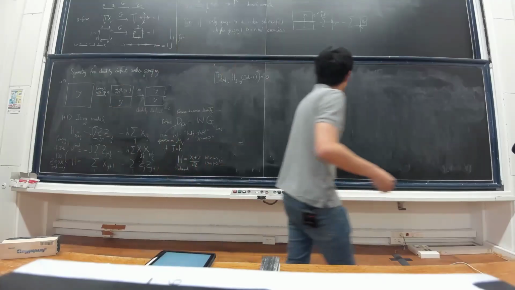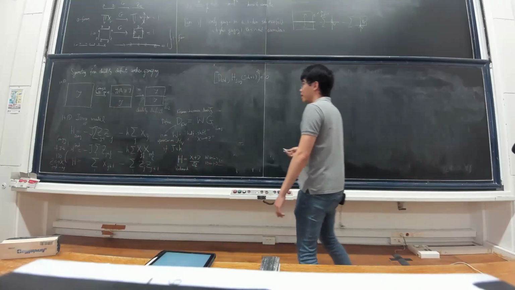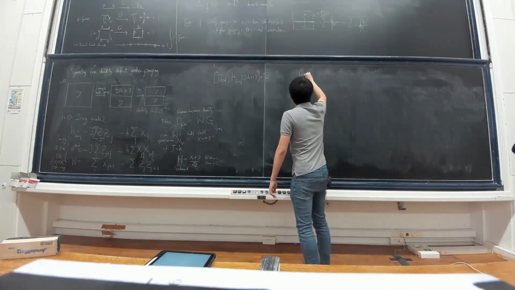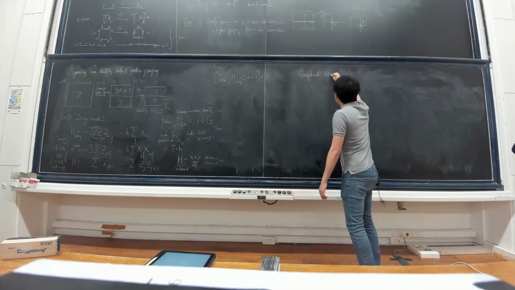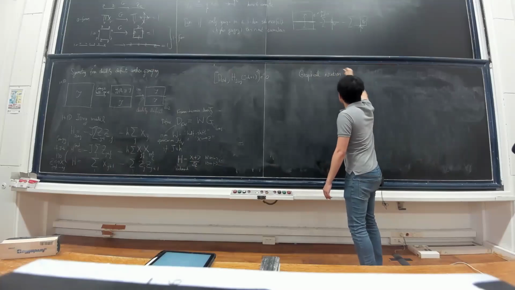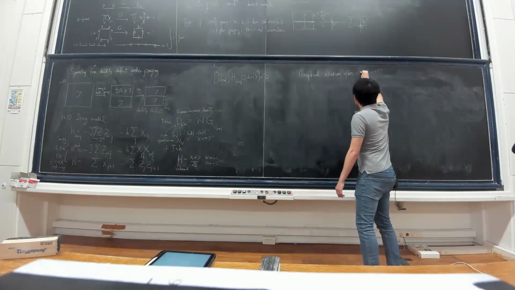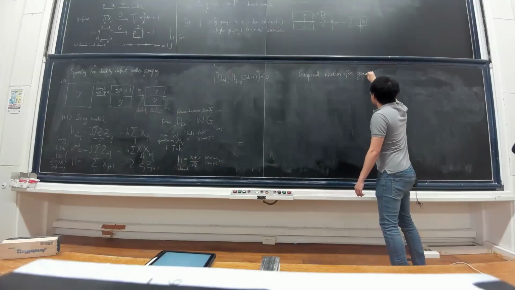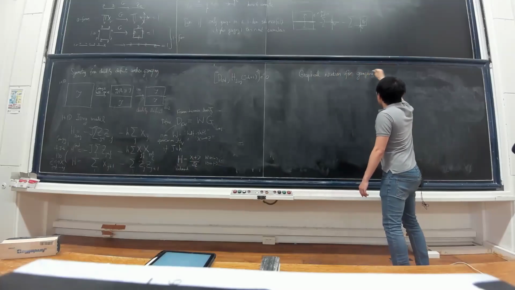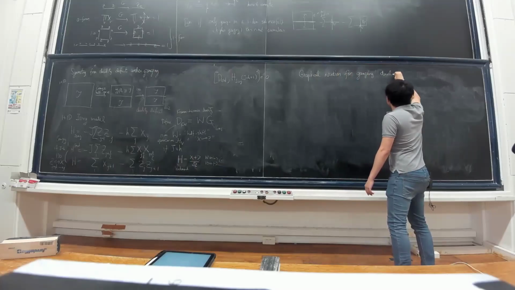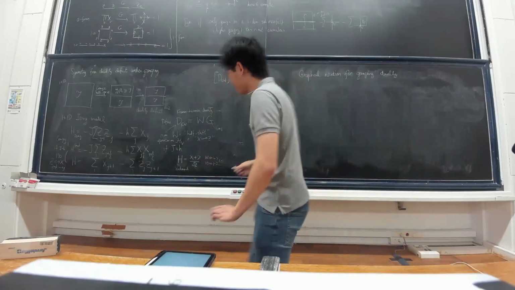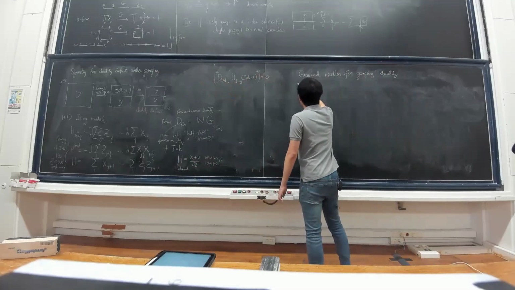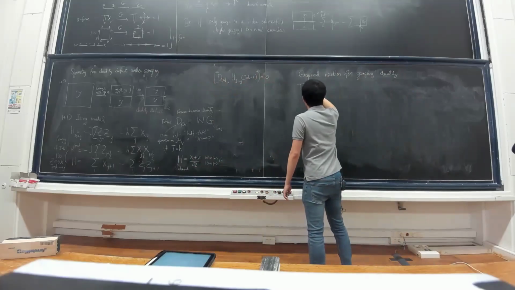Okay. So let's see how far I get. I want to show you a graphical notation for the gauging duality. And this comes under many names. The broadest name may be tensor network.